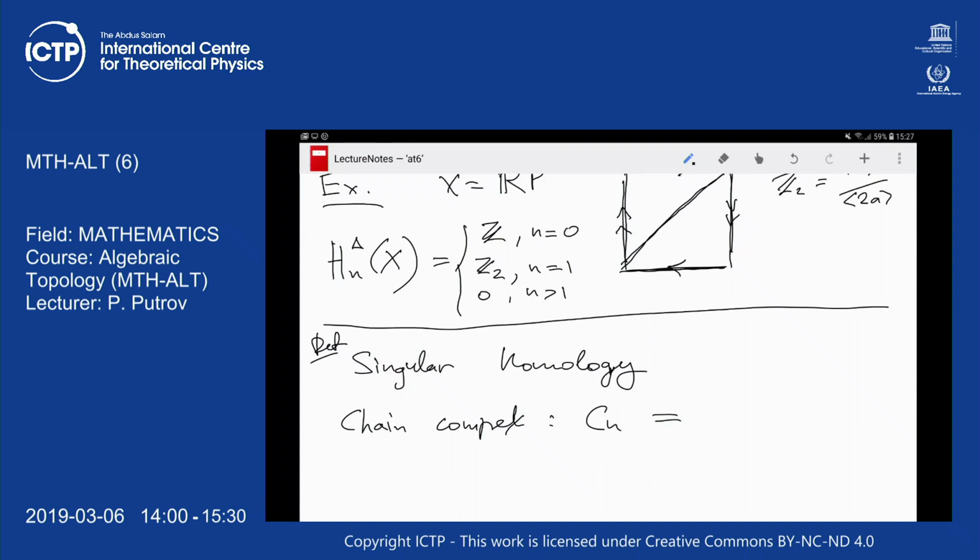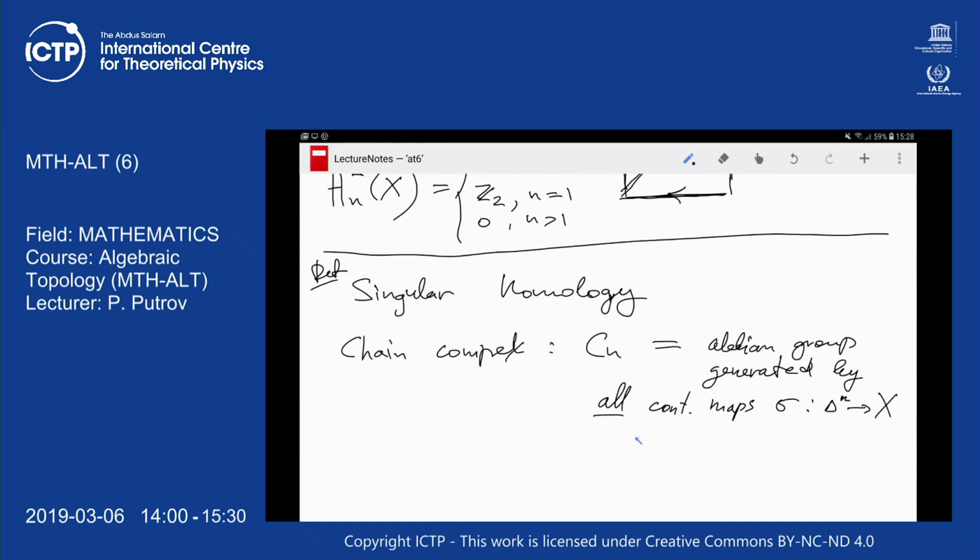Cn, the nth abelian group, will be the abelian group generated by all continuous maps sigma from delta n to X. Here we don't use any delta complex structure, so we can consider any map sigma from the simplex to X. It may not necessarily be injective.